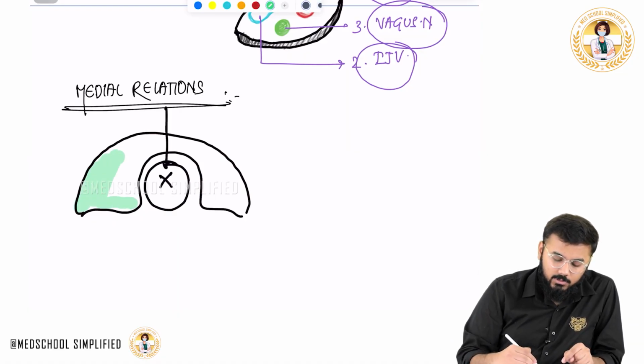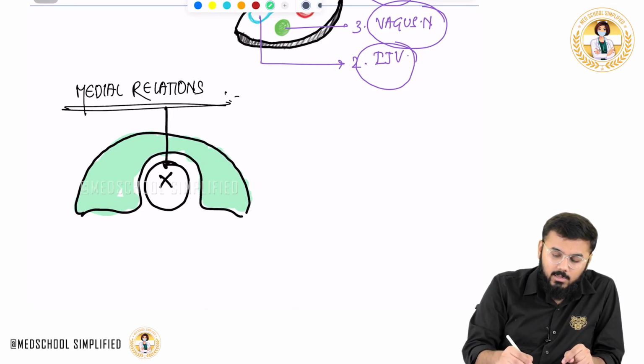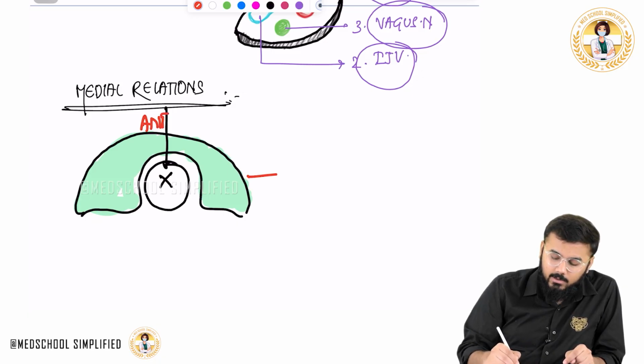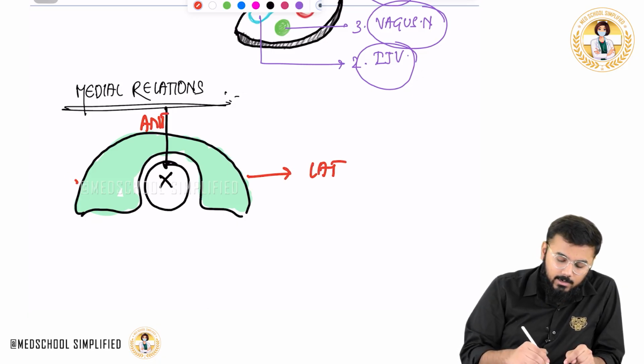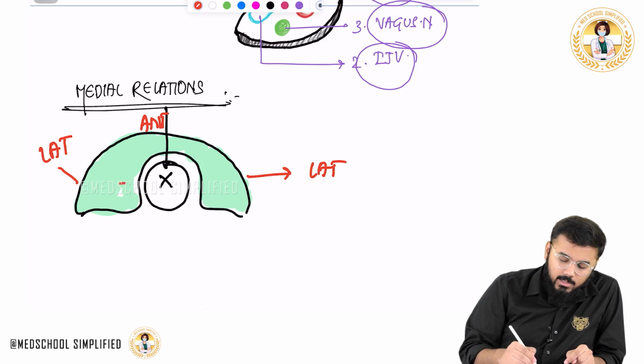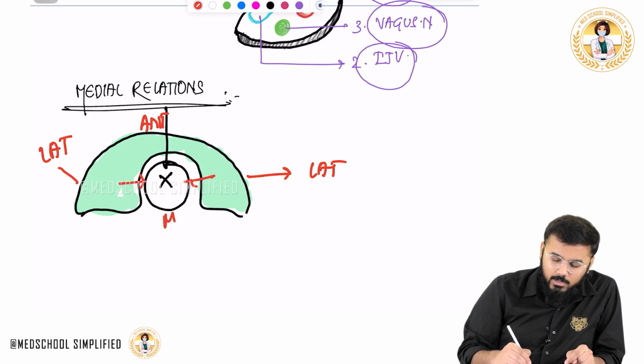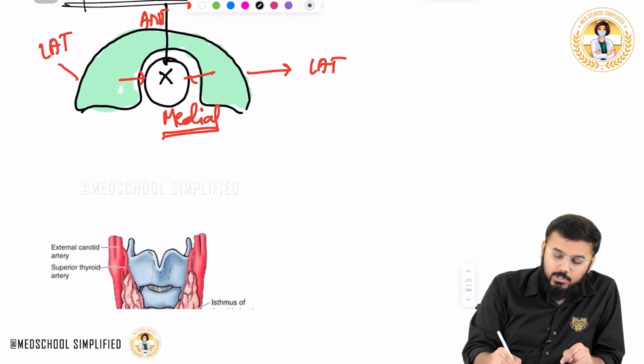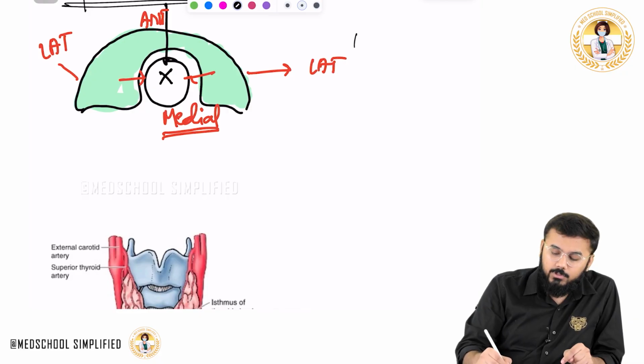For example, if this is your thyroid gland, this structure over here is called as your anterior. This is called as lateral, and this one over here is called as your medial structure. So the structures that are located medially, what is the first important thing?